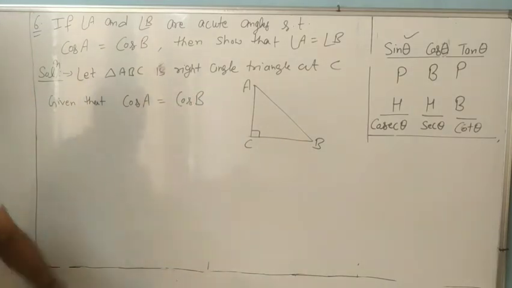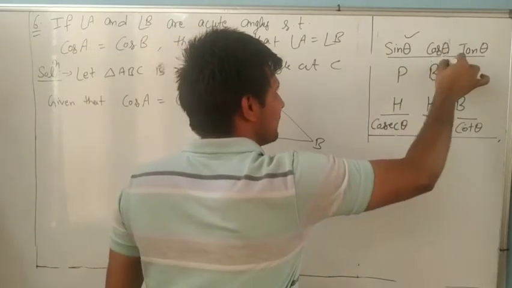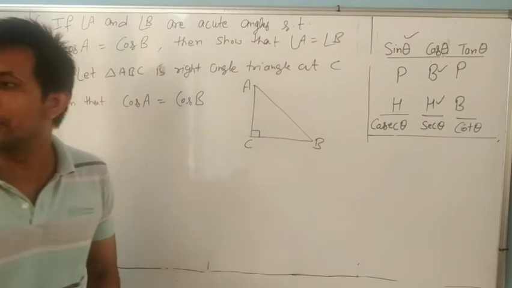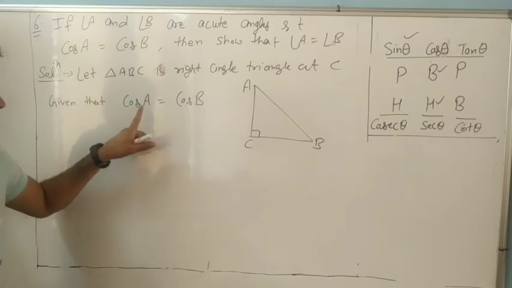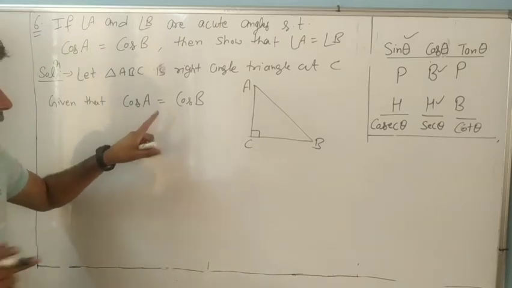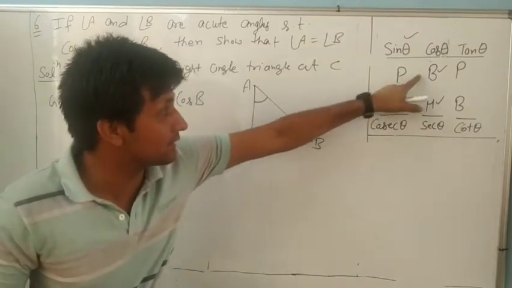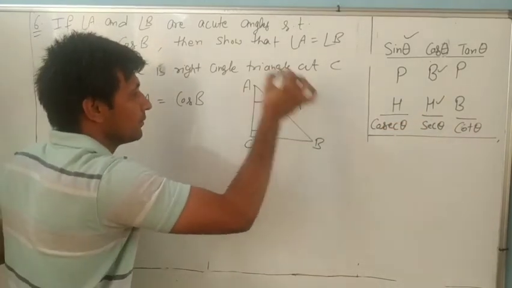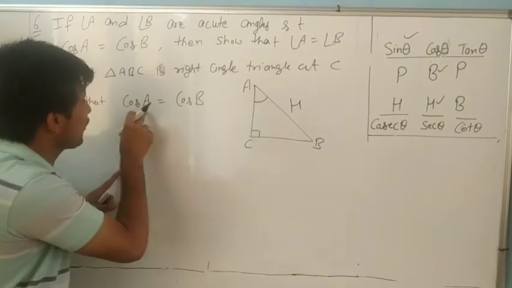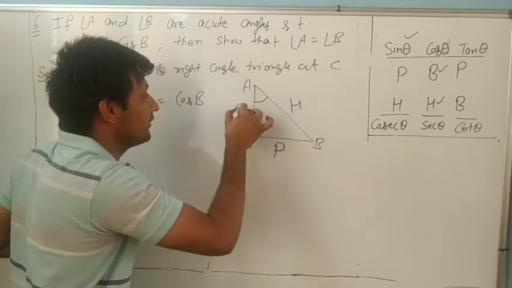Now what is cos A? Cos means base divided by hypotenuse. And which angle are we taking? A. Very important: cos A means the angle we are taking is A, the hypotenuse is opposite to 90, and the opposite of angle A is always the perpendicular, so the other side is the base.